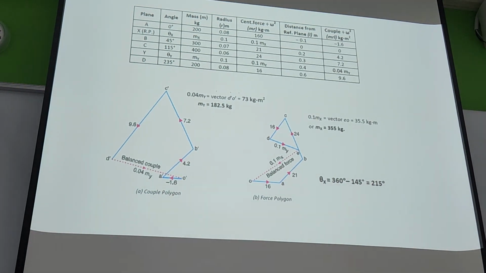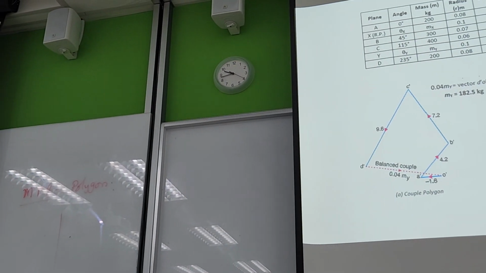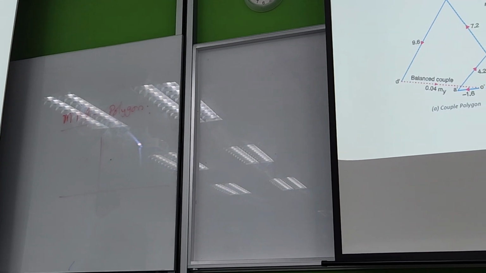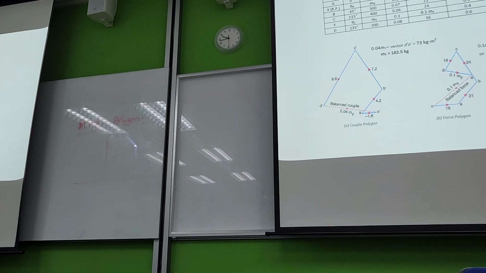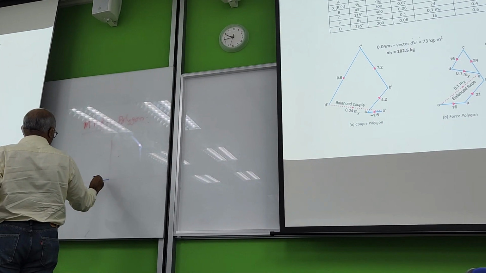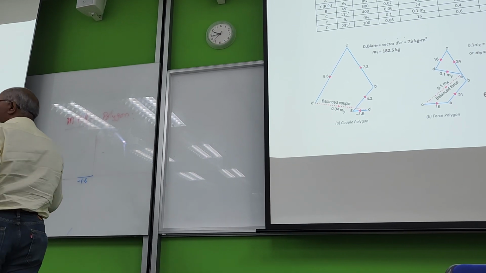So choose a coordinate axis. The MRL value is negative 1.6, so just draw negative 1.6 at 0 degrees.